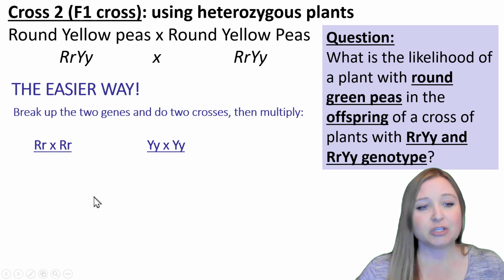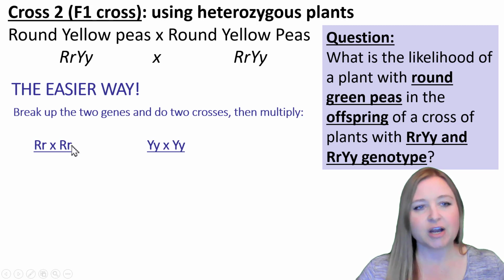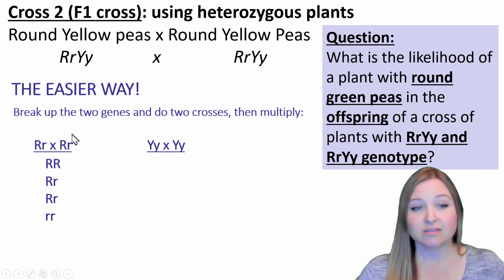And so if you look at this cross, big R, little r, right? One from the father crossed with the mother. These are the possible outcomes. We can have big R big R, little r big R, and little r little r. So if we just look at this gene and we do the cross for this gene, these are the possible outcomes.